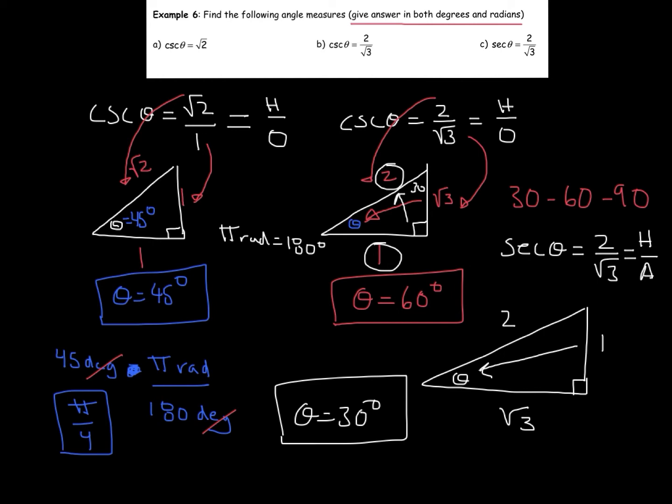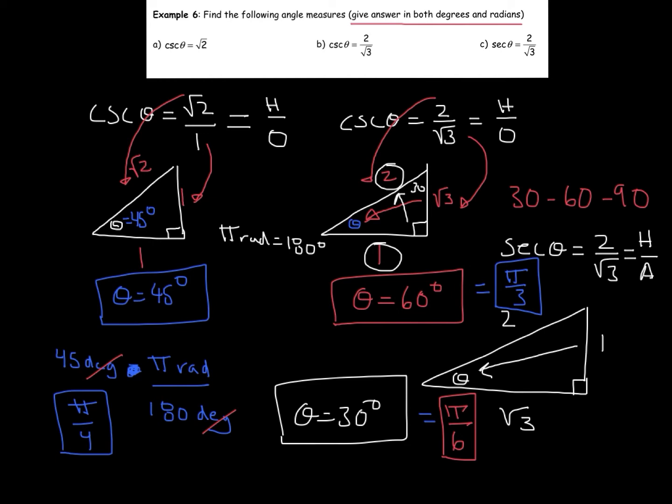All right, so 60 is going to end up being pi over 3. And 30 is going to end up being pi over 6. You say, well, how do you get that so fast? Well, here's a little shortcut. What is pi? Pi is 180 degrees.